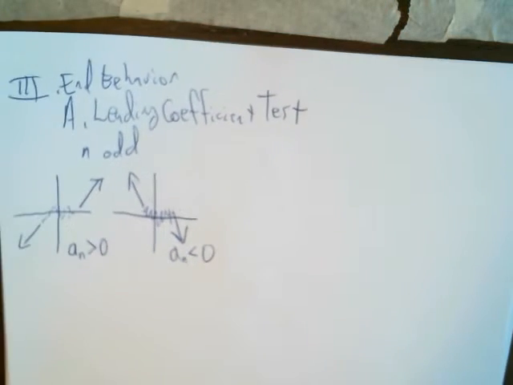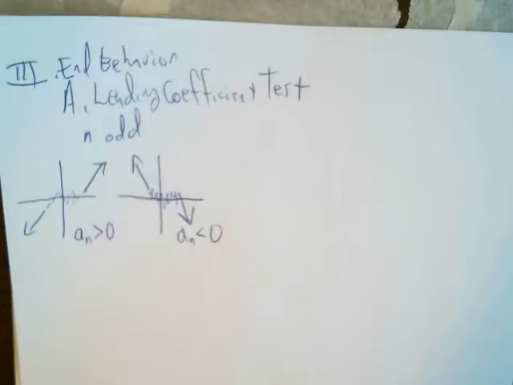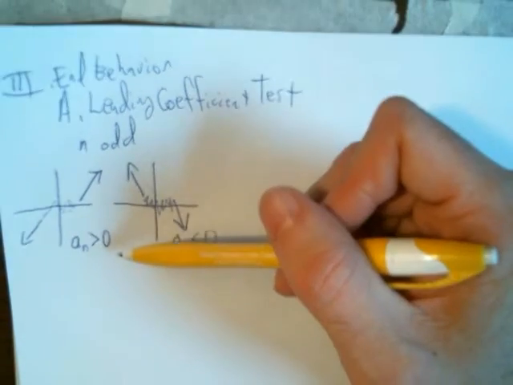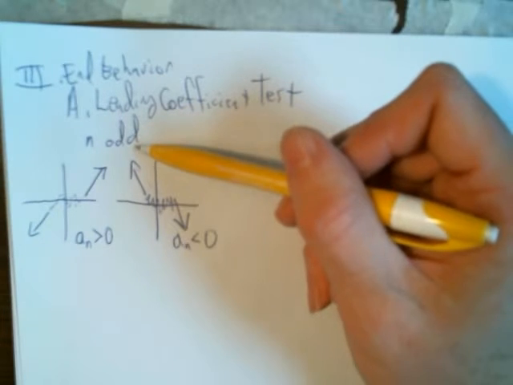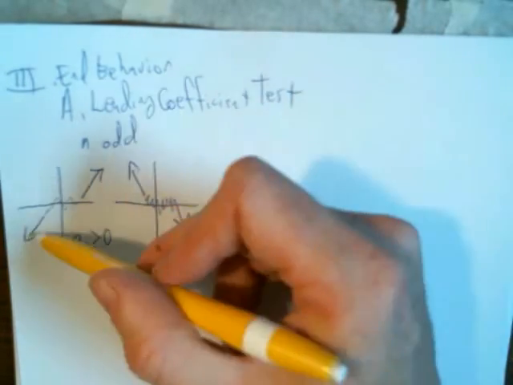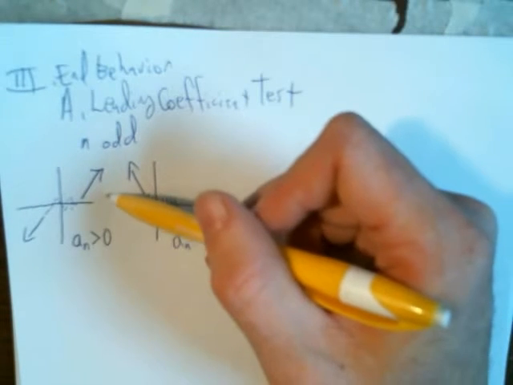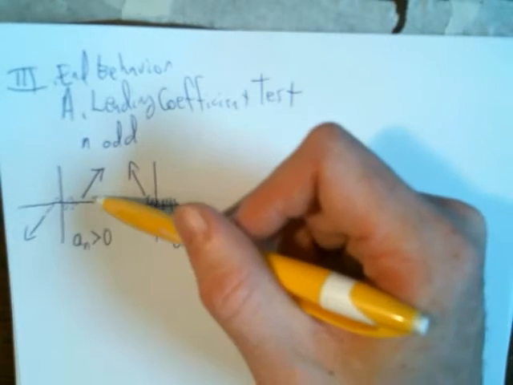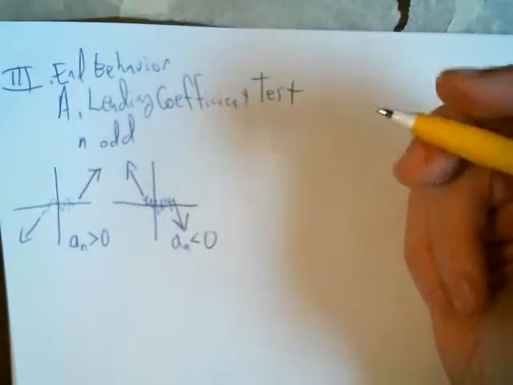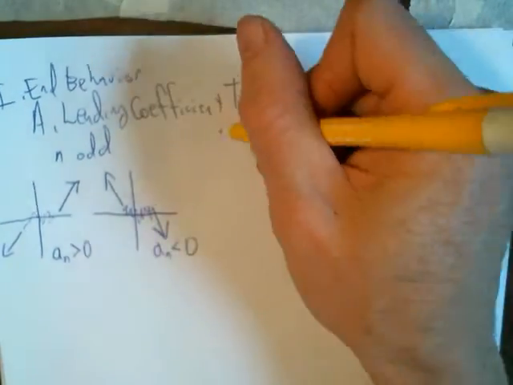Okay? But you can take that up a notch and talk about generalities. If you have a higher degree polynomial with odd degree, like a cubic or a quintic or something like that, it'll have end behavior just like the formula of a line with this particular kind of slope, if you think of the leading coefficient as slope.